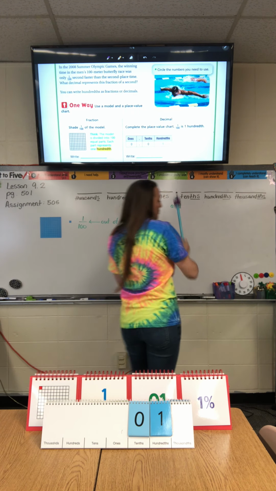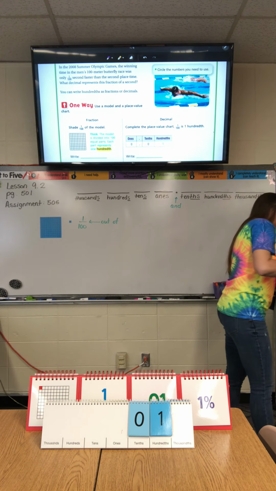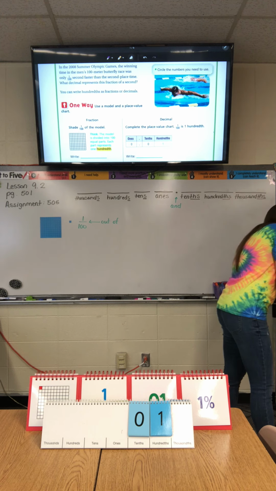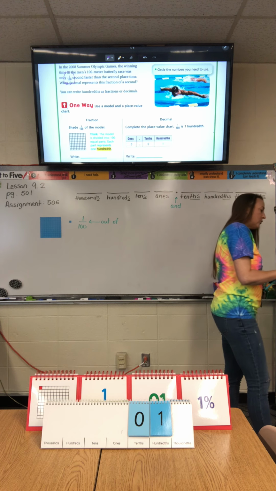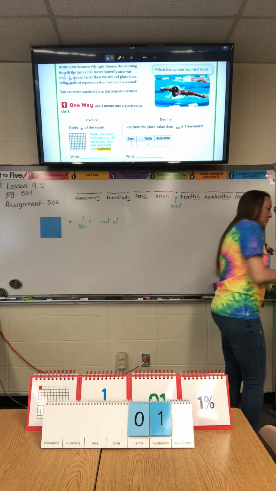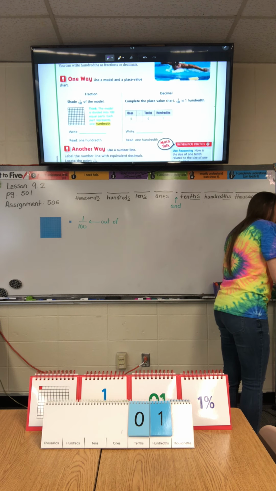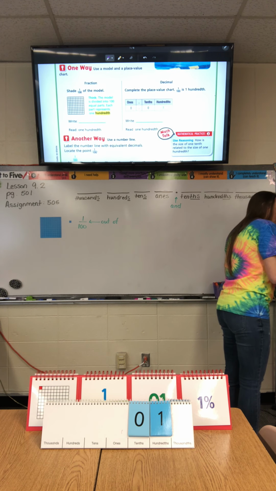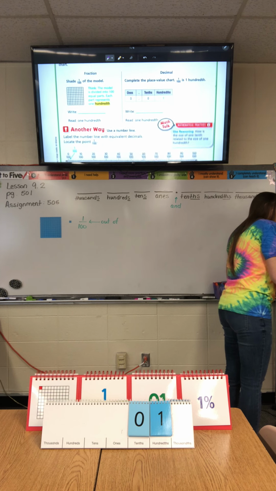First it tells us to circle the numbers we need to use, and this is what we're going to need to use, the 1/100. You can write hundredths as fractions or decimals. So one way is to use a model and a place value chart.